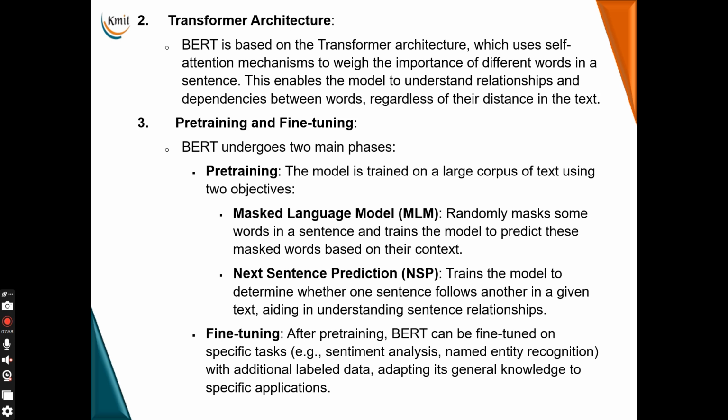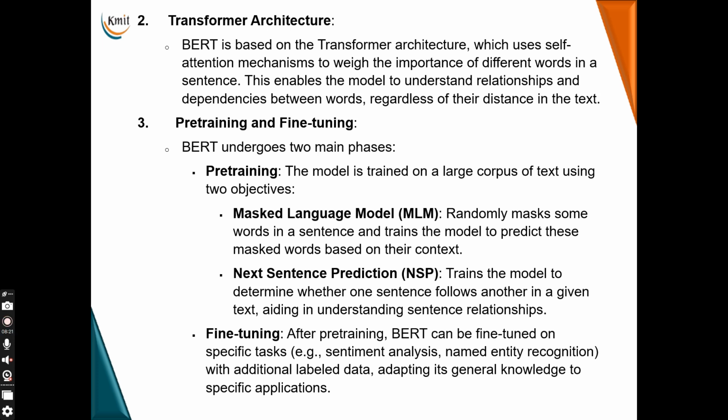Pre-training and fine-tuning. BERT undergoes two main phases, which are pre-training as well as fine-tuning. Under pre-training, the model is trained across a large corpus of text data using two objectives. One is masked language model.